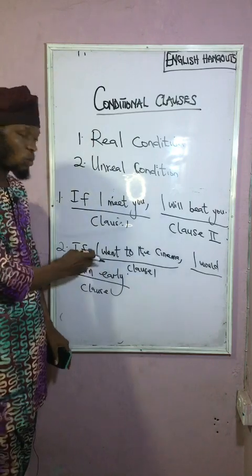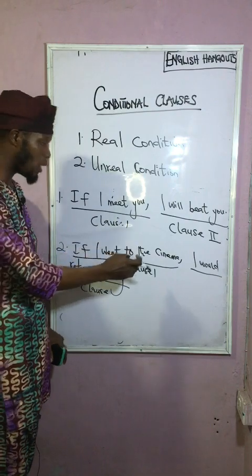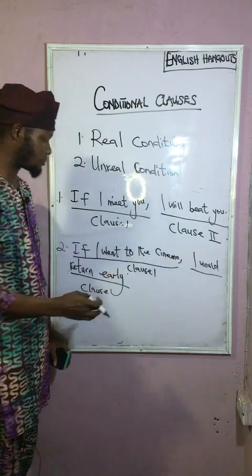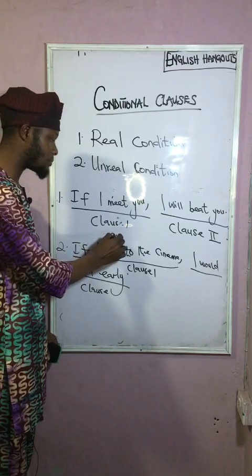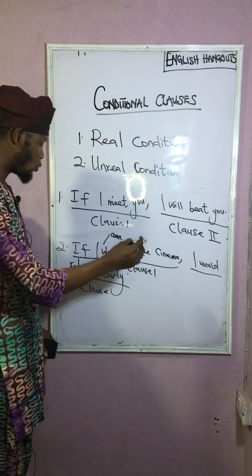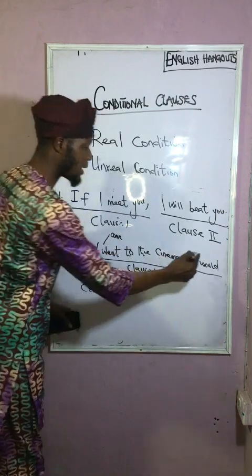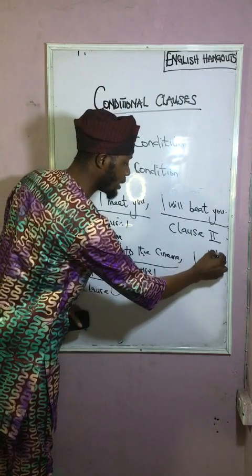Here we have went. Here we have would. The present form here is go. The present form of this modal auxiliary verb is will.